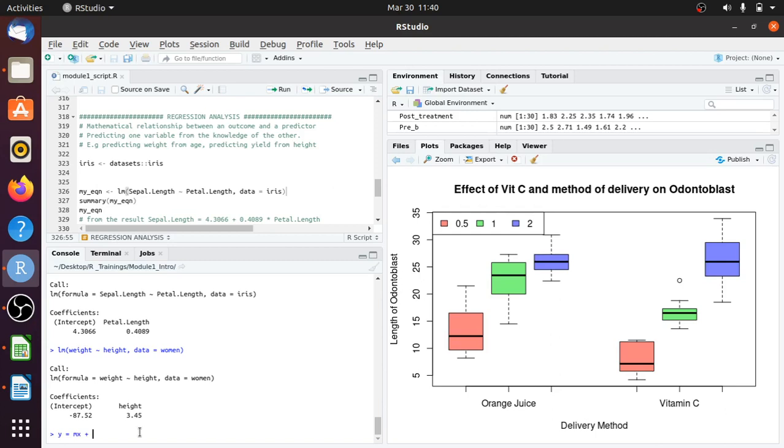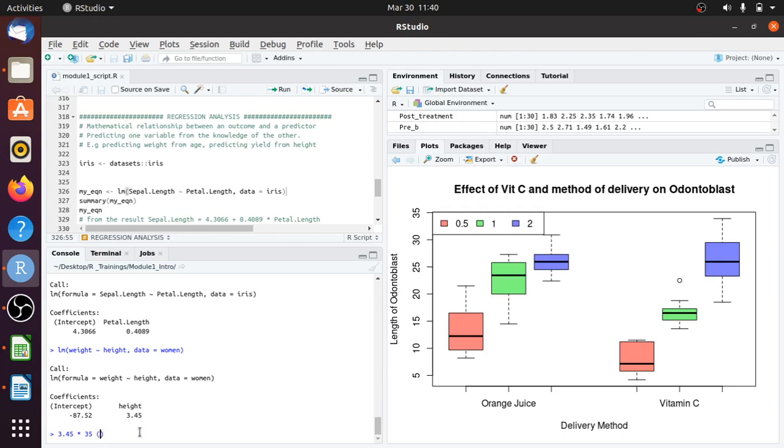So the formula for that is 3.45 times the height, minus the intercept, 87.52. Let me explain it now. Let's say the height is 35.